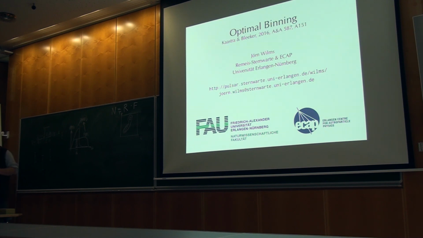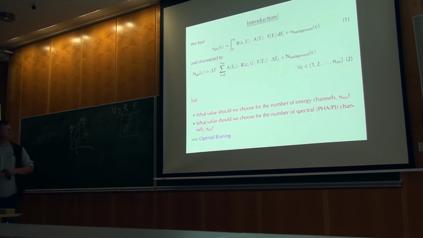This method has been around for a very long time and was never really published, but it's a very important piece of work and part of X-ray analysis, and I would really recommend that you take a look at this paper as well for the intricacies that I can't talk about.